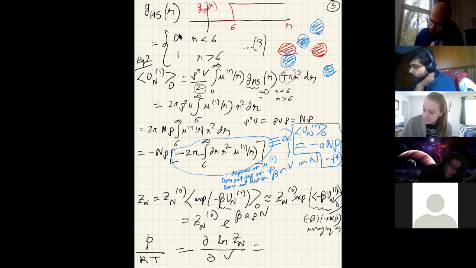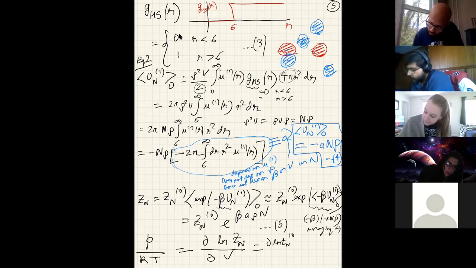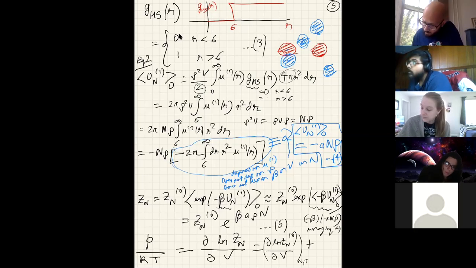It is a product of two things in equation 5. So that is partial log Zn naught by partial volume at constant N and T, plus partial of log of this. What is log of e to the power something? That thing that you have in the exponent.